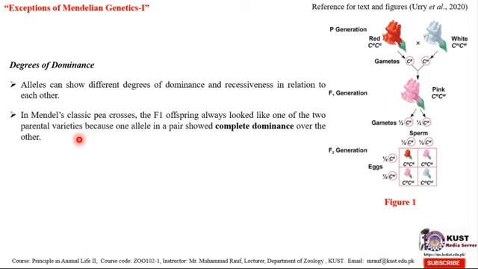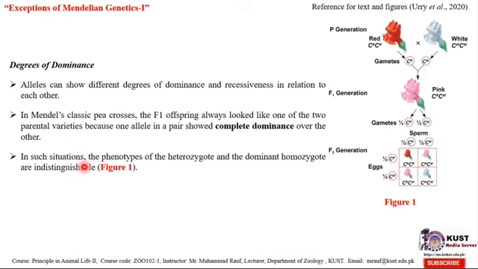So this was complete dominance. Therefore, Mendel's law of segregation is also known as the law of dominance, where one allele was completely dominant over the other, and the F1 hybrids exhibited the phenotype of the dominant parent.